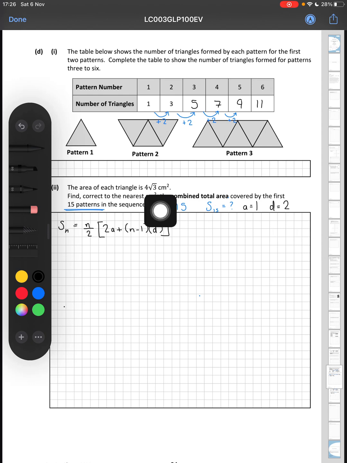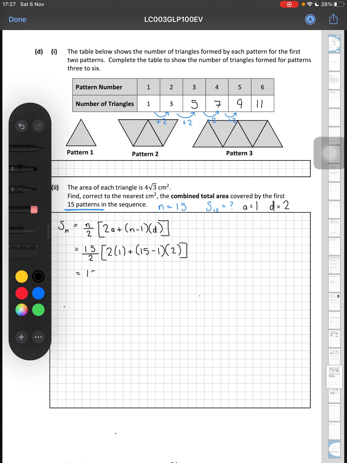So here we'll get, so S of n, my formula is n over 2 times [2a plus (n minus 1) times d]. Okay, so I'm just figuring out the triangle amount, how many triangles there are first, and then I'm going to multiply it by the area of each triangle.